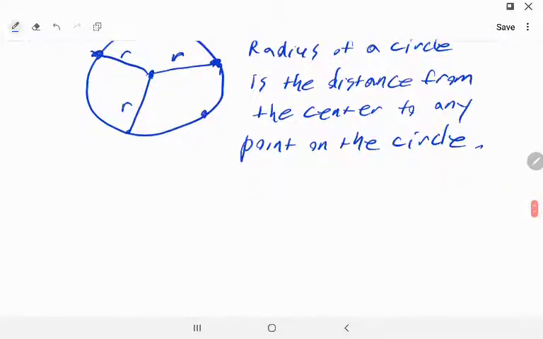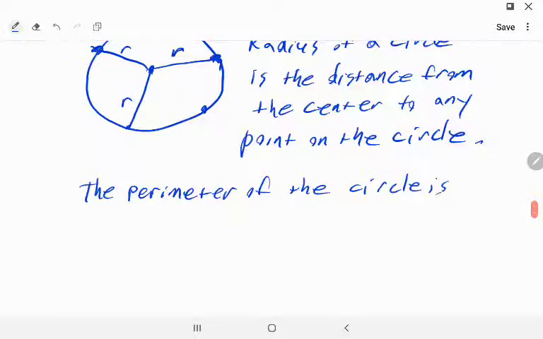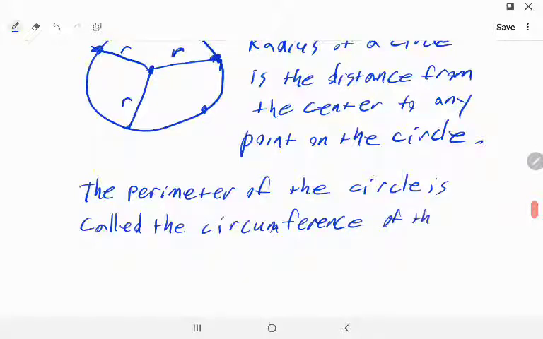And so once we've got that, we know the circumference of the circle. The perimeter of the circle is called the circumference. And we know that that circumference C is equal to 2 times pi times the radius.